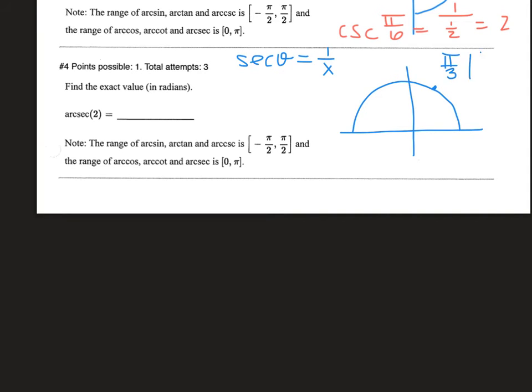All right, that has the point 1/2, square root 3 over 2 on the unit circle. Secant is going to be 1 over 1/2. So our arc secant of 2 is equal to pi over 3 because secant of pi over 3 is equal to 1 over that x-coordinate of 1/2, which is 2.